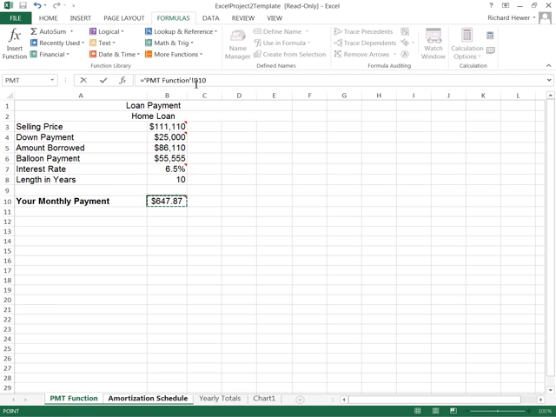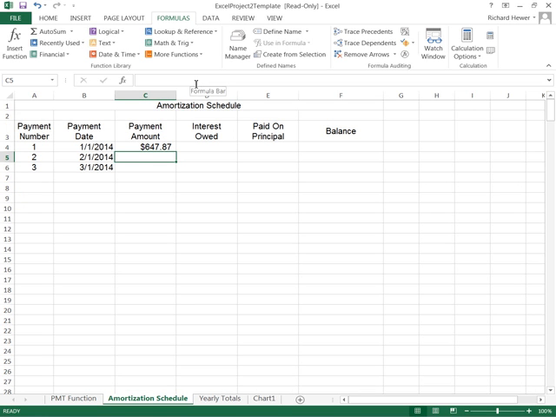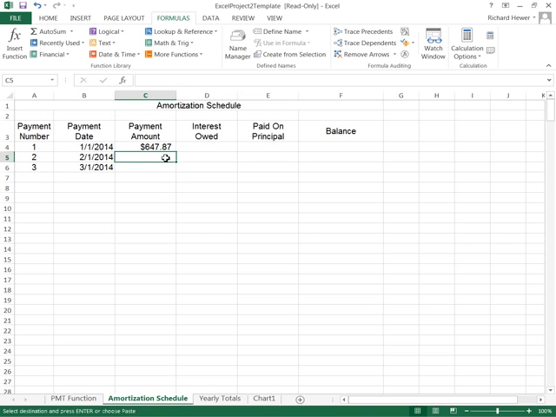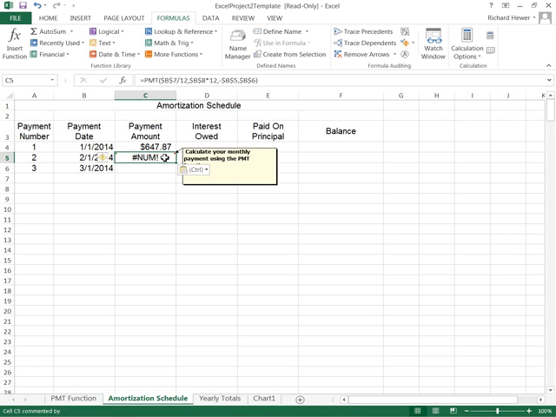So I'm going to hit enter, and that shows it. The other way to do it is I could take it over here, click on this, and since I made all of these absolute, I could hit copy, go over here, and hit paste, and that should give me the same number.